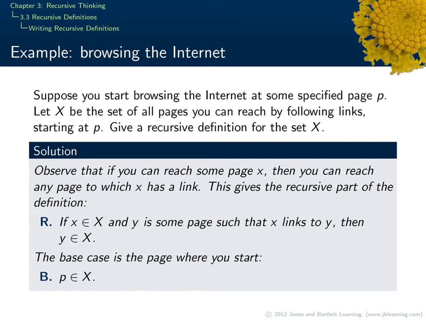And to get more complicated objects, if Y is a member of our set already that we can reach from P, and X is some page that we can reach from Y, then X should also be reachable from P, and therefore X is in our set capital X. So again, I encourage you to compare this example to the Kevin Bacon example we had a little bit earlier in the video.